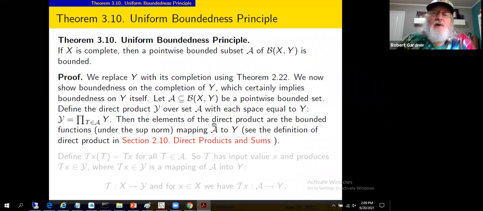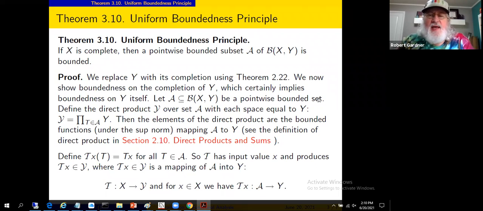So we have bounded functions mapping the indexing set calligraphy A to Y. And calligraphy A consists itself of bounded linear operators. So here we have a function that maps bounded linear operators to this Banach space capital Y, completion of capital Y. Okay, so let's look a little more at that to try to make heads and tails out of what's going on.